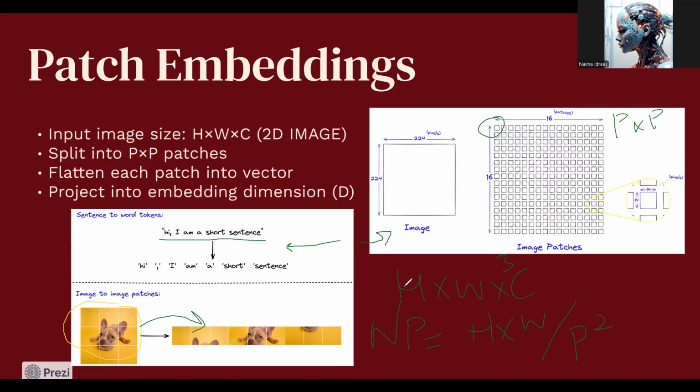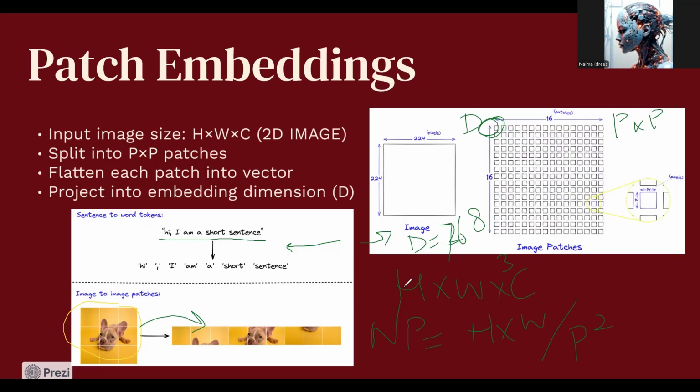Each patch is flattened into a vector, and this vector is mapped to size D, the latent dimension, with the help of linear projection. So this is basically the patch embedding. D is the number of features in each patch. For example, if D equals 768, then each patch is a 768-dimensional vector.